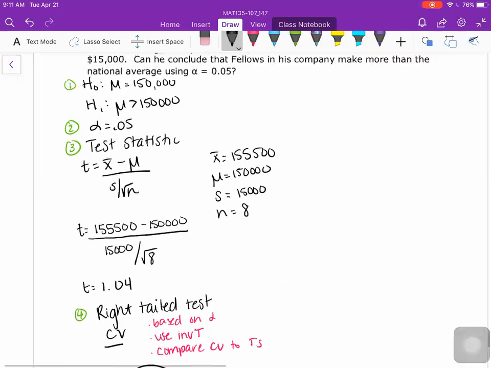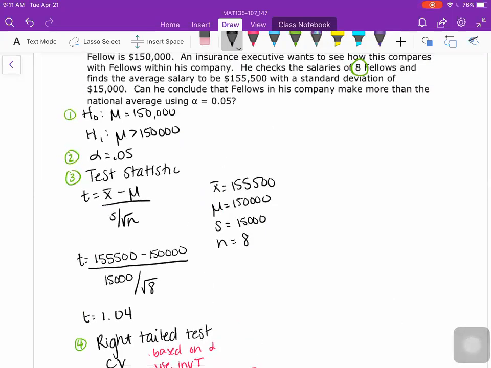In order for this executive to say that he thinks his fellows make more, he has to have some sort of evidence that states that. So his sample has to support that claim. Now, the point of the hypothesis test is to determine if our sample is enough evidence, but it should still support that claim. It wouldn't make any sense for him to say, oh, I think my fellows make less than the national average when his sample is saying that it is more.